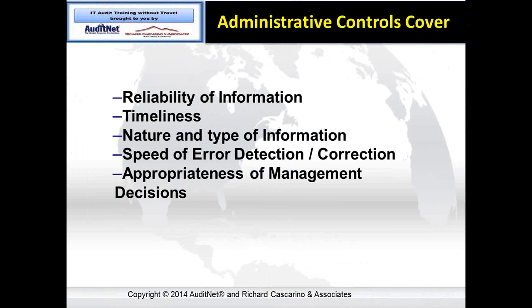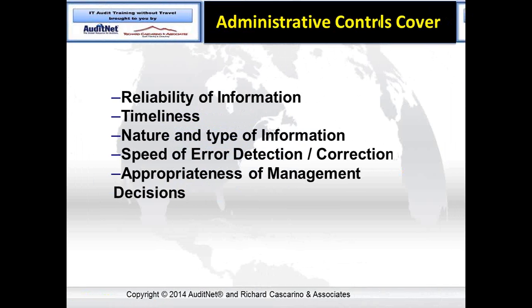Appropriateness of management decisions is a lot harder. That you can't run CAATs on. From the CAATs you can tell what was the effect of the management decision, but you can't tell whether it was appropriate or not. You have to look at what decision was made, who made it, on what basis.